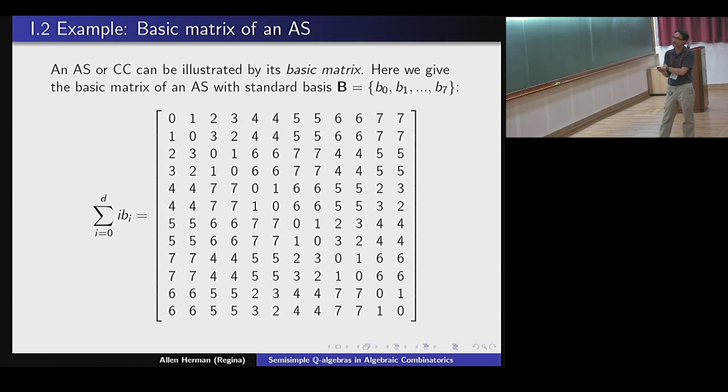If I'm doing B5 times B6, then I will hit 6s in these two spots. And so that means that I will have 1s in these positions. But since I'm getting an algebra, I have to get a linear combination of the B's. And so I must have 2 B2s and 2 B3s as being the answer when I multiply B5 times B6. So that's how the algebra is generated using this basic matrix presentation.